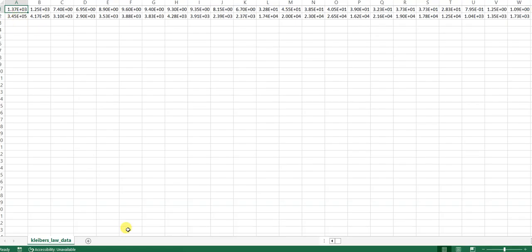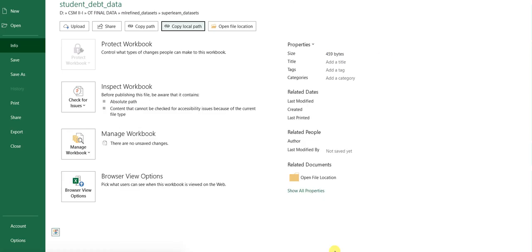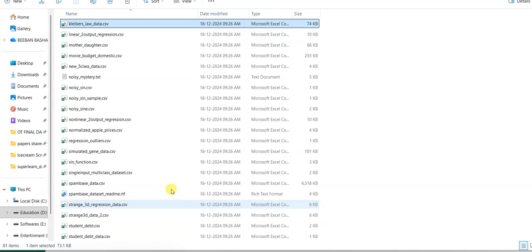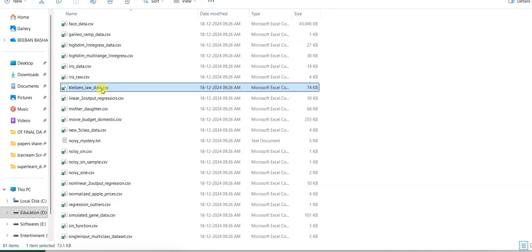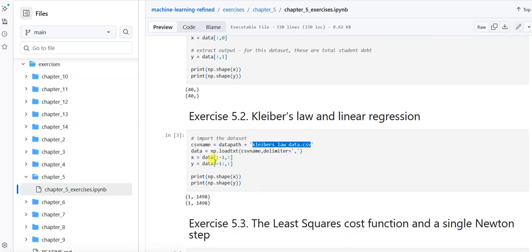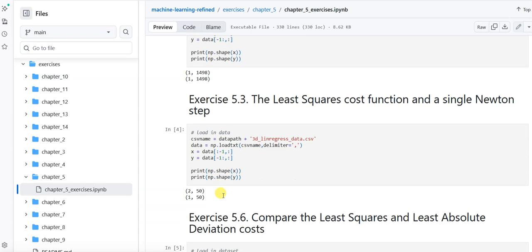Only X and Y. If I see here anything else, Kleiber's is the only one I have, X value and Y value. The same structure here. 1498 is the number of data items.